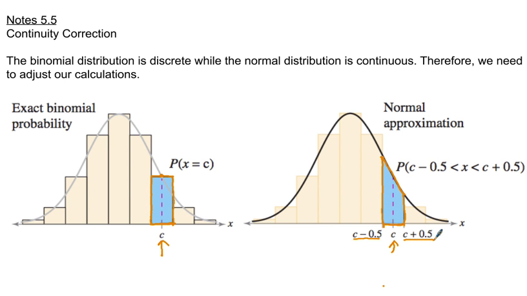So for the normal approximation, we always have to do a continuity correction where we subtract a half and add a half. Now this does get a little more complicated because depending on what symbol we have in the original problem, we actually have to think of the numbers that we're looking at. Let's see what this actually means in some examples.